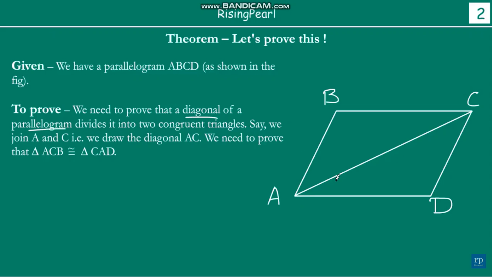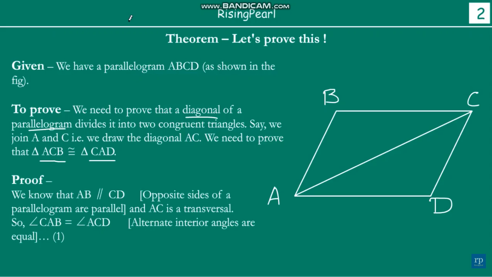Suppose A joins C. You can also take B and D as a diagonal. In this case, we take AC as a diagonal. We need to prove triangle ACB is congruent to triangle CAD. So let's move on to the proof.